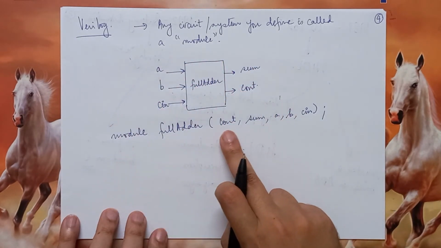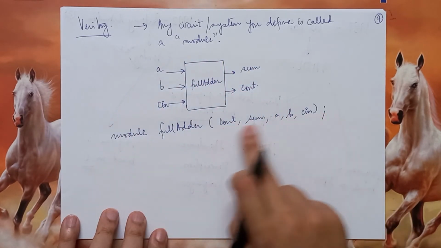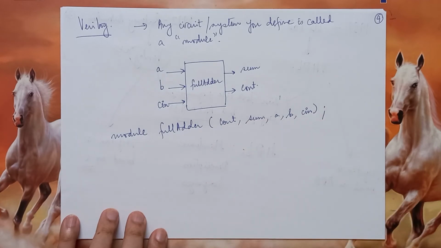Although there is no hard and fast rule, you can write the names of these inputs and outputs in any order that you want. It is always a good practice to write the outputs first. The reason is that in the inbuilt gates in Verilog, the outputs are always written first. Okay, so we shall see that shortly.